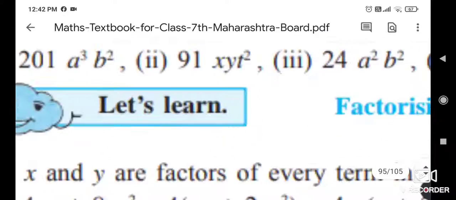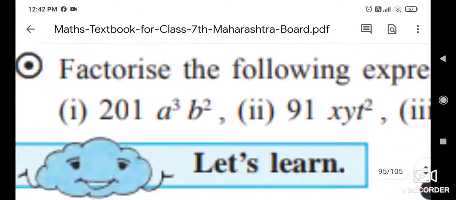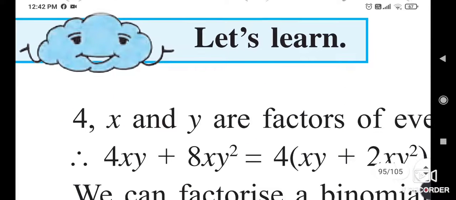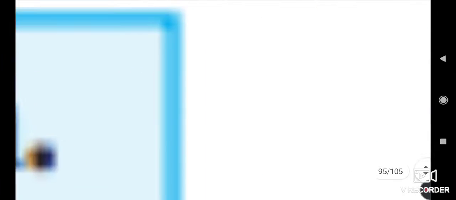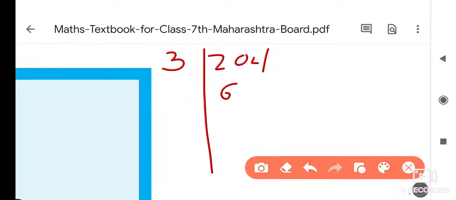Here in the 52nd exercise it is given, 201 into a cube into b cube. At that time you have to find the factors of 201. How can you find it? By using factorization. 3 sixes are 18, remains 2, so 3 sevens are 21.